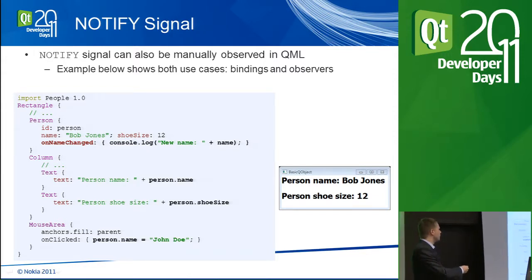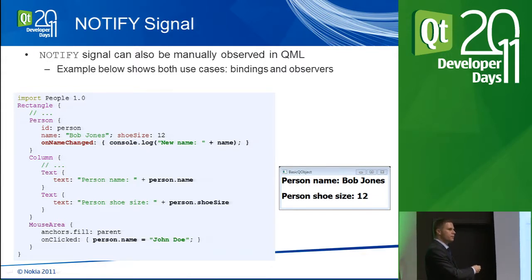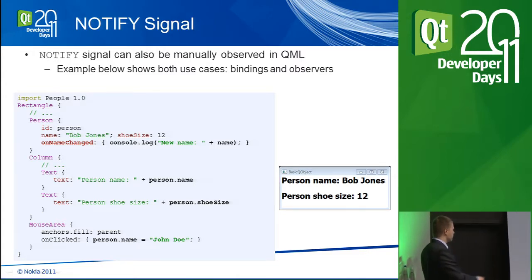We also have the property changed functions available in QML as well, so we can react to changes in those names. For example, we can try those changes using a MouseArea by changing the name of the person when the MouseArea is clicked in this example.